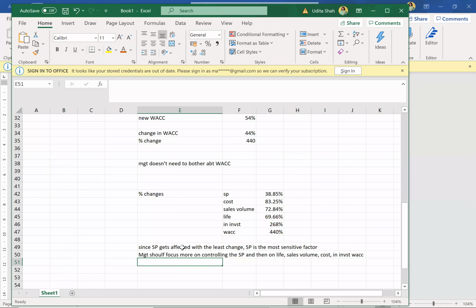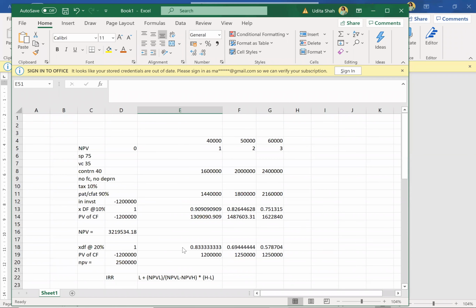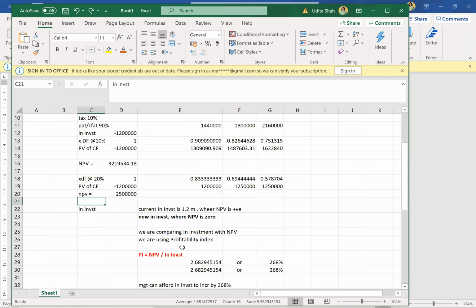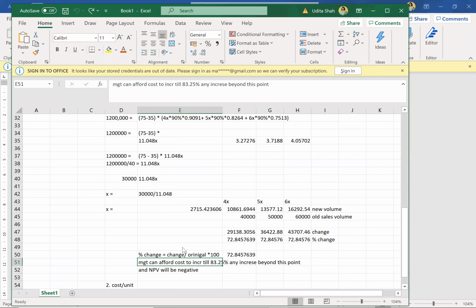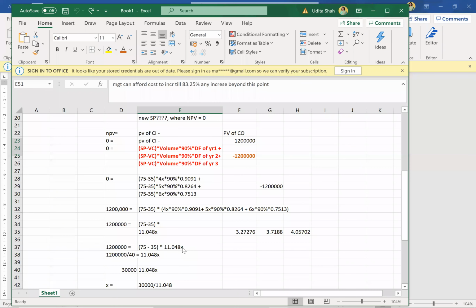Okay, the doubt is: please show the calculation of 11.04x in sales volume. So in case of sales volume, if sales volume decreases, NPV becomes 0.